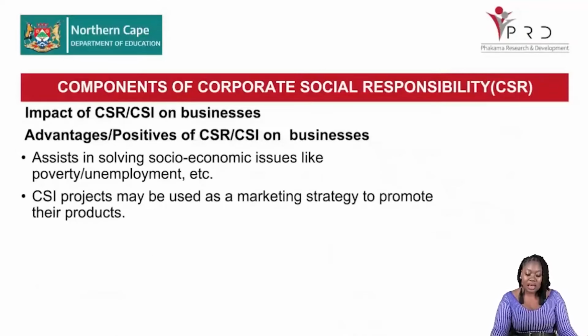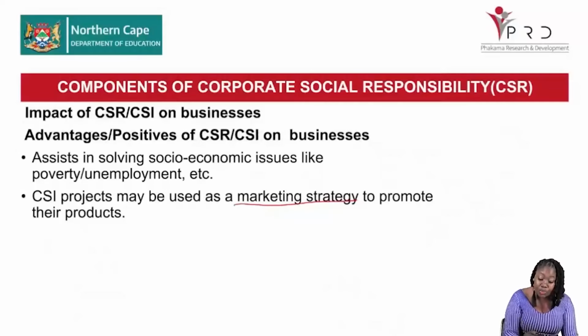Okay, and then CSI projects may also be used as a marketing strategy to promote their products. So when we are promoting our products, we can actually use our CSR projects to say, hey, look at us, we are this business and this is what we are doing to benefit the community or to benefit the environment.